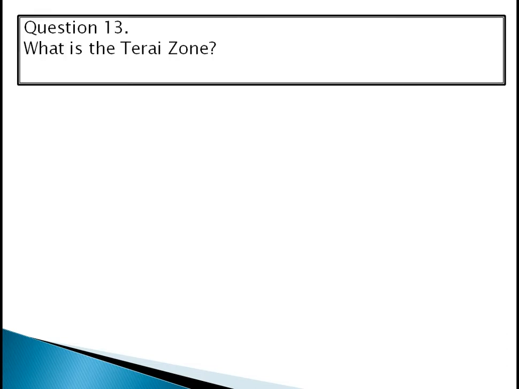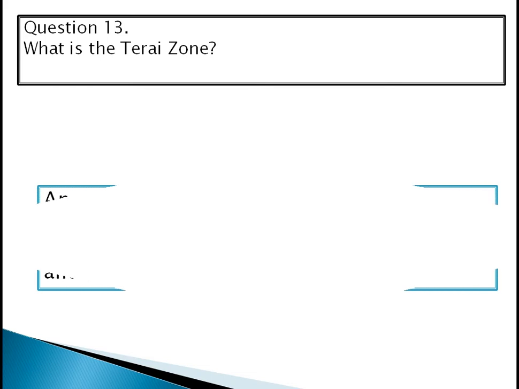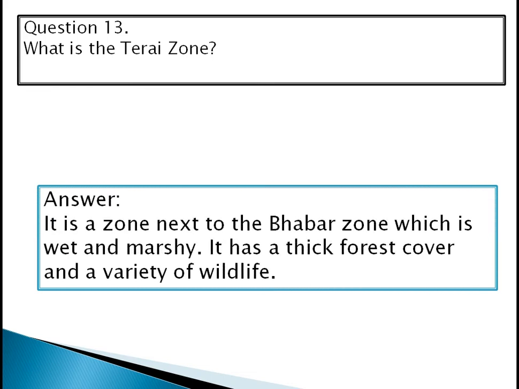What is the Terai zone? Let's check out the answer. It is a zone next to the Bhabar zone, which is wet and marshy. It has a thick forest cover and a variety of wildlife.